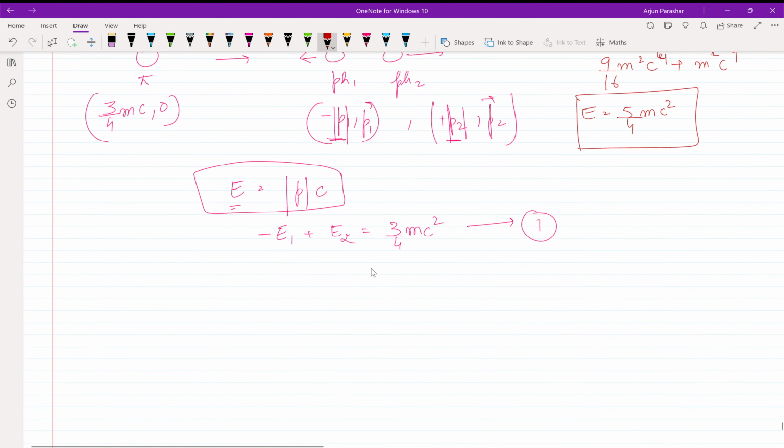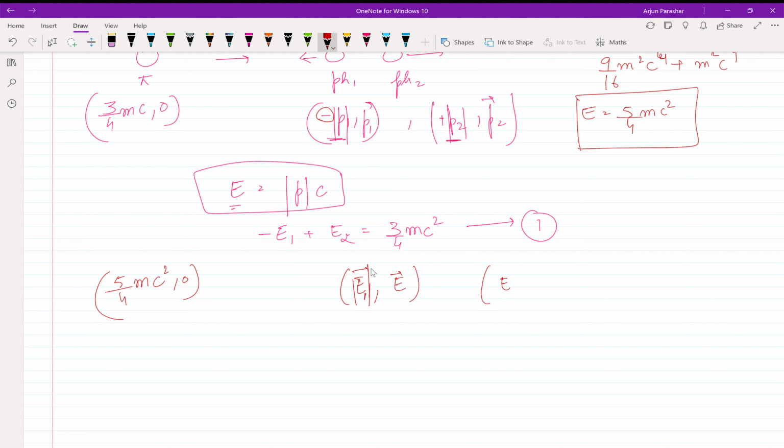So we have calculated the energy now, and simply we know that the energy for both the photons will be, suppose it is E1, but we will not be having the negative sign in the energy now. Why? Because for total energy, if we write it, 5/4 mc square, 0 at rest, and this is the magnitude of E1.